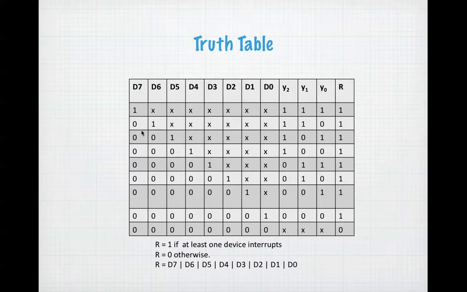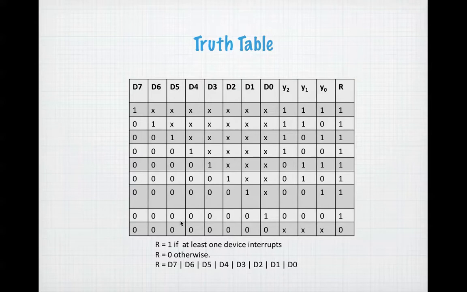And you can pretty much follow this logic all the way to the end, where you could see that when devices D7, D6, D5, D4, D3, D2 do not make a request for service, but D1 does, then the request is granted to that device D1, and that's designated as device ID 001.